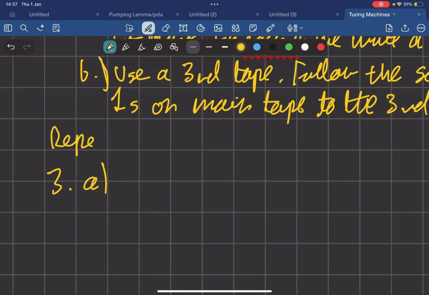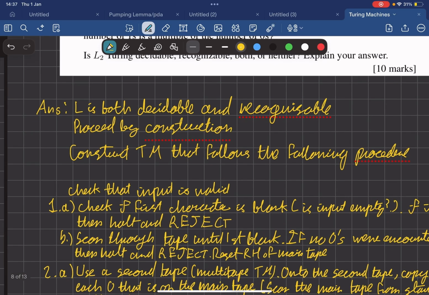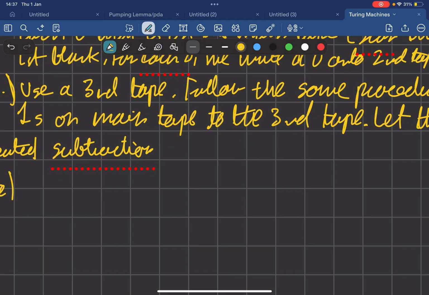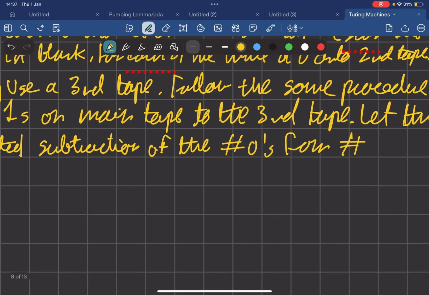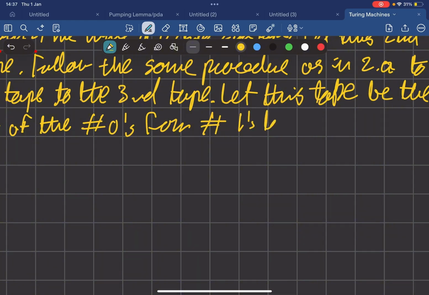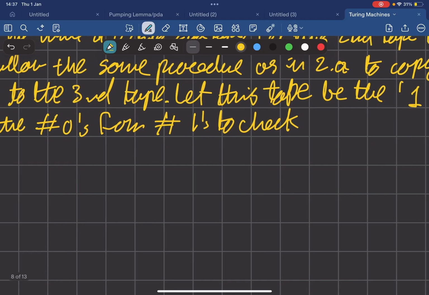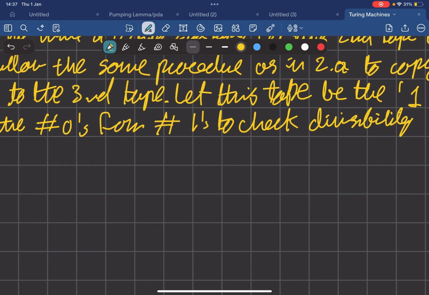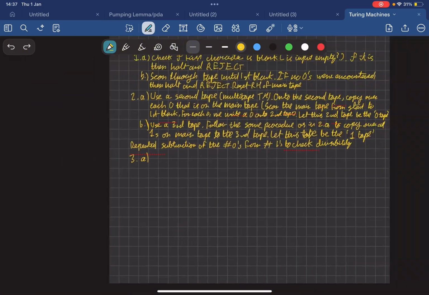So we're doing repeated subtraction of the number of zeros, I'm just going to write hashtag for short, from number of ones to check divisibility. So that's divisibility.